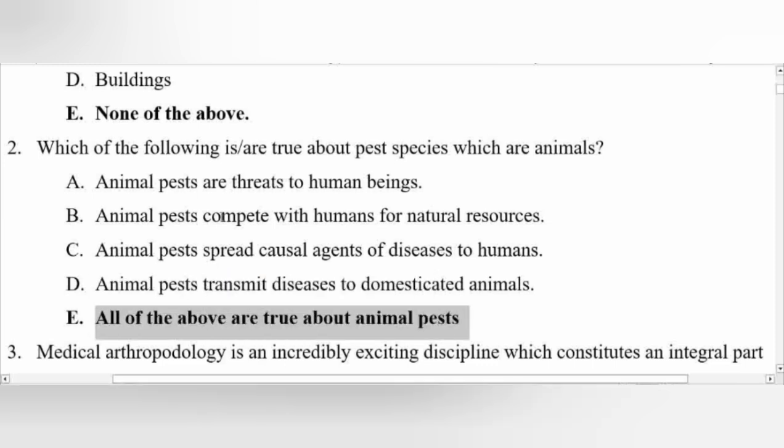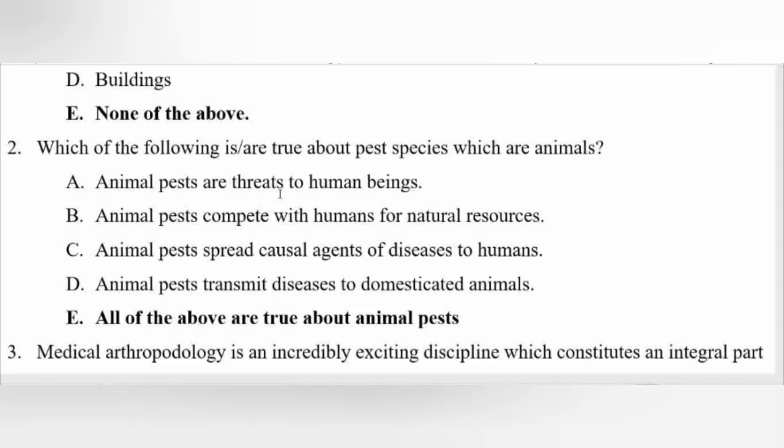And the reason is that, as we indicated in the previous question, whilst we were attempting to solve the previous questions, we realized that animal pests really are a threat to human beings, even economically. You know, the mosquitoes may cause people not to be efficient at work because of their biting, maybe in the night.